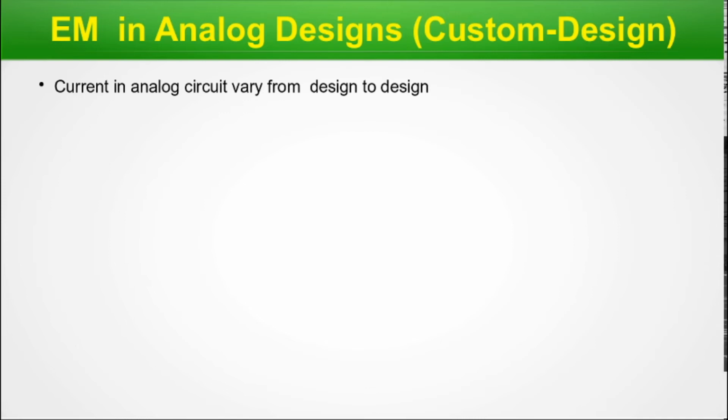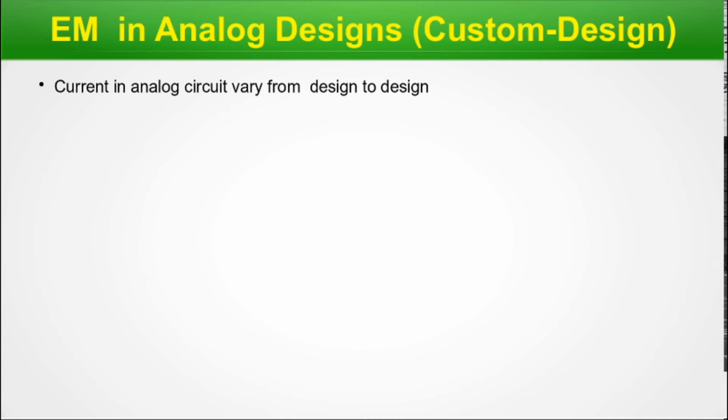In analog designs, EM has a unique flavor because currents in analog circuits vary from design to design. If your design is a PLL, it will be different. If it is a bandgap, it will be different. If it is a DC-DC converter, it will be different.